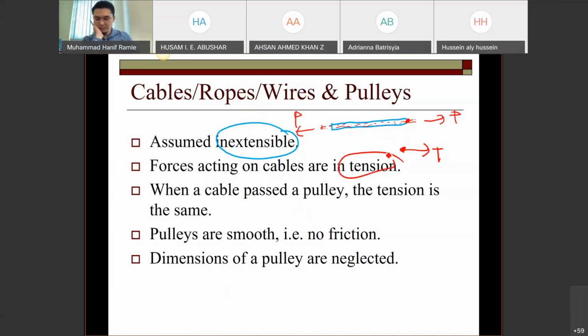When a cable passes a pulley, the tension is the same. So we do have a pulley system like this. We have a cable like this, for example.